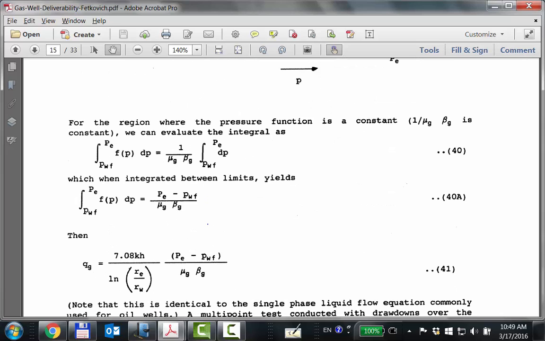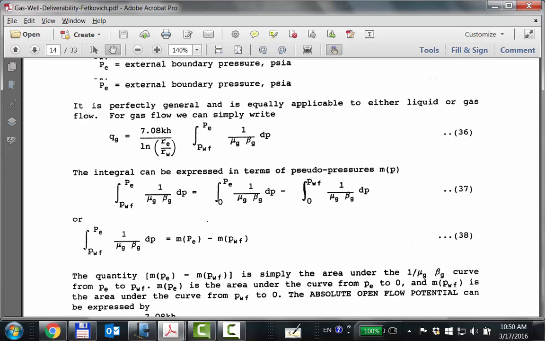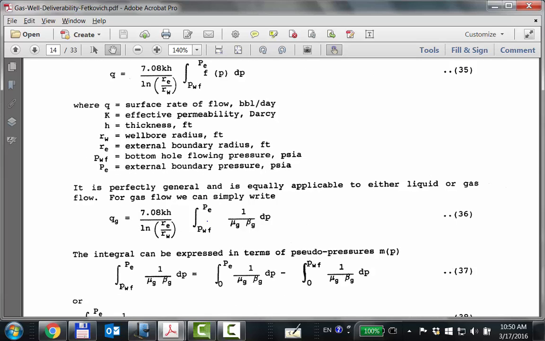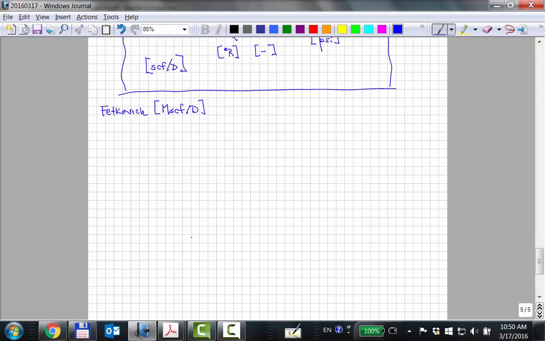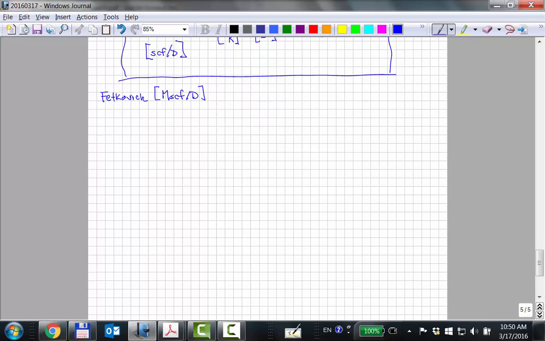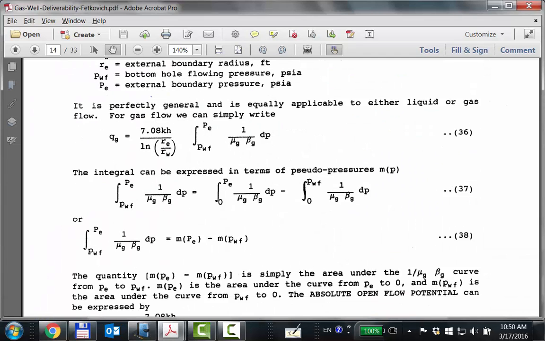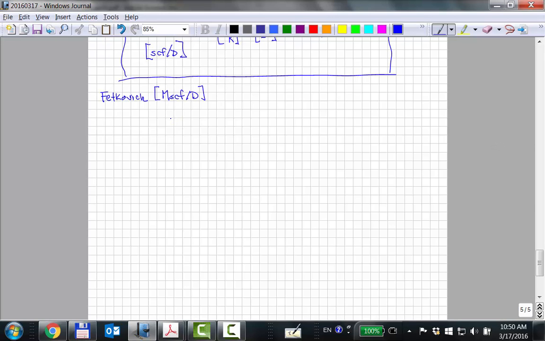Yeah, the problem is that he doesn't use mu z, he uses 1 over mu g. So I'm going to have to... he uses a different definition.